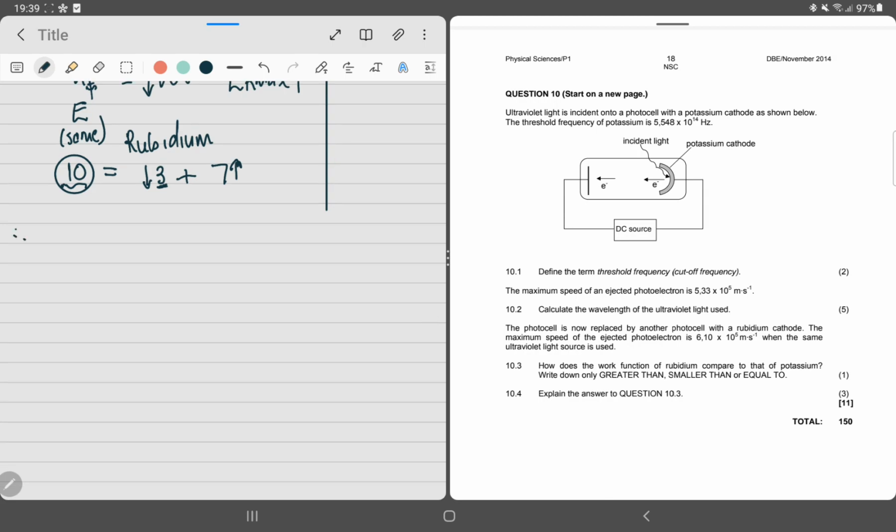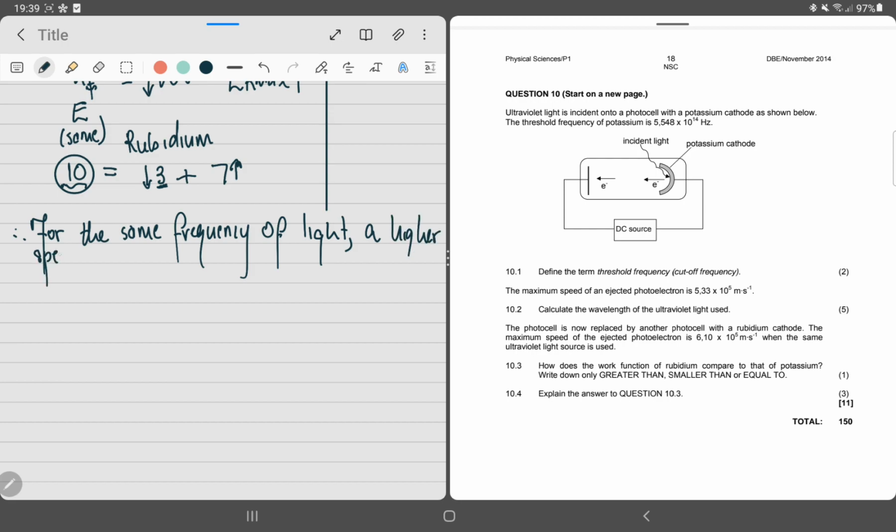So we will say for the same frequency, a higher speed leads to a higher kinetic energy, to a higher EK max.